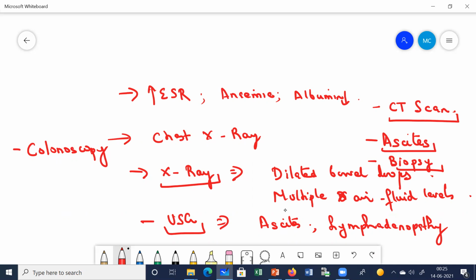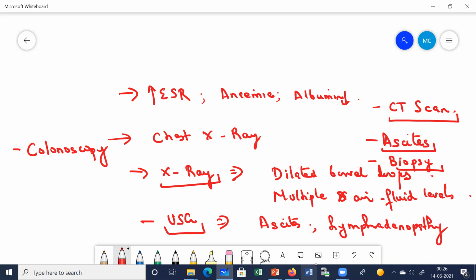Ultrasonography is going to give us a detailed view of whether ascites has developed, lymphadenopathy, thickening of the cecum and ileum, which is very common in abdominal tuberculosis, and omental thickening. All these things can be seen in ultrasonography.